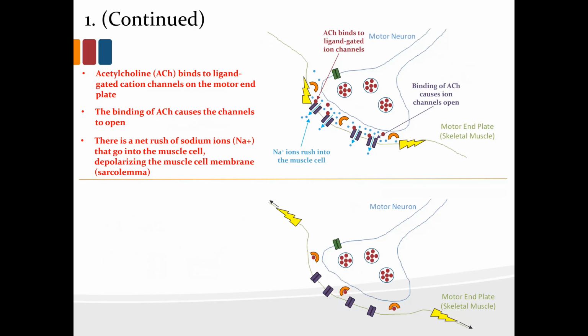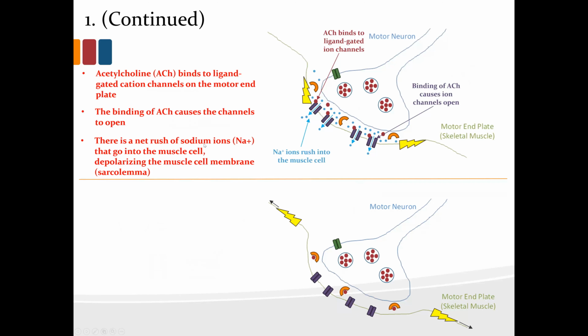So even though there is some movement of potassium out of the cell, it's very small. So the net movement is that sodium ions rush into the muscle cell. Remember, as always, sodium is higher outside a cell than it is inside. So if we open up a sodium channel of any kind, sodium is going to rush into the cell.